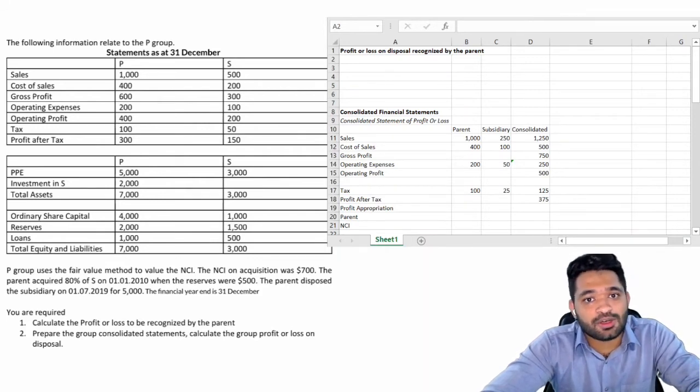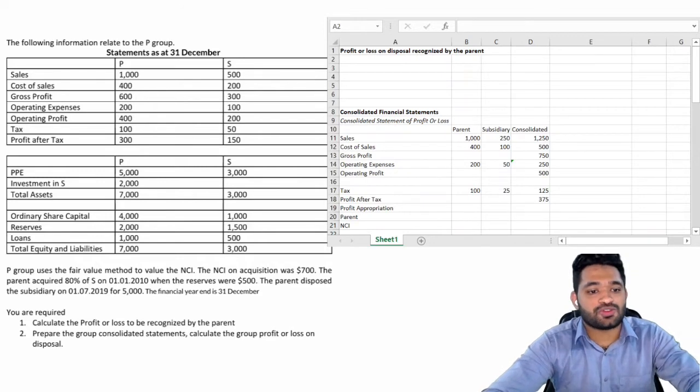While doing it, I will also be running you through the 5 workings or the mechanics of consolidation. Now, we need to do these 5 mechanics of consolidation either way to calculate the gain or loss on the disposal of the subsidiary, right? So I have already put down the formats and all of it. So let's go through the question and see how it works out.